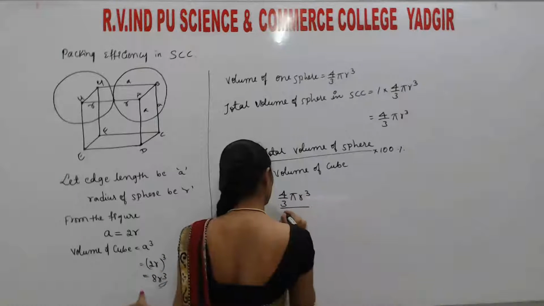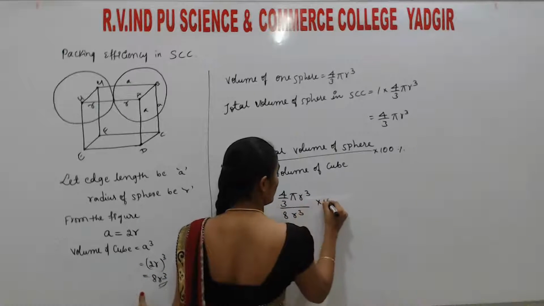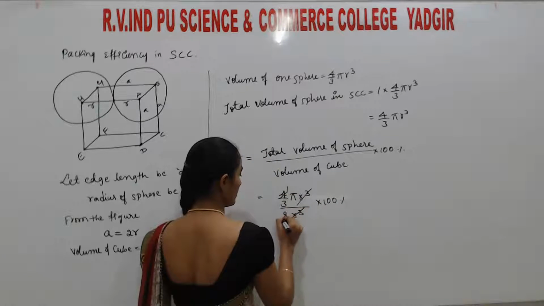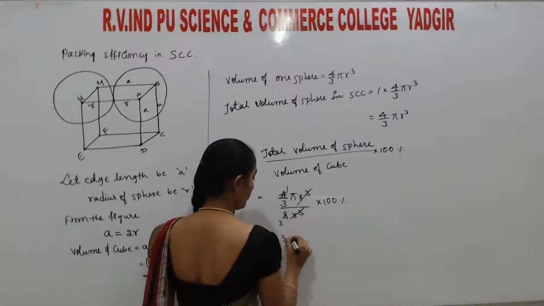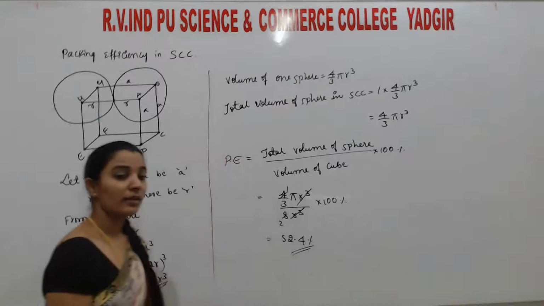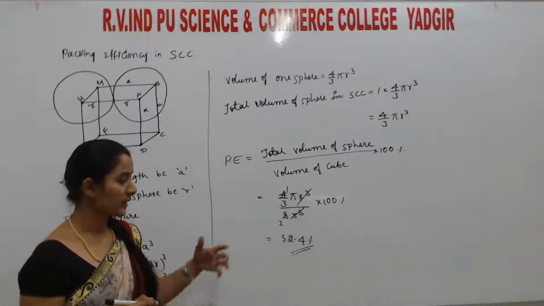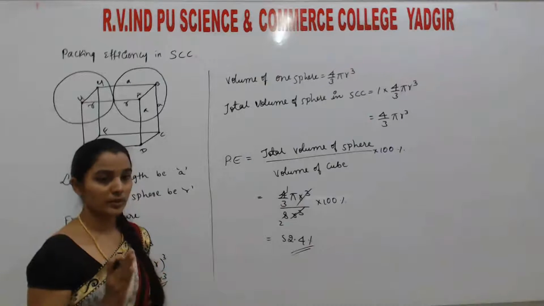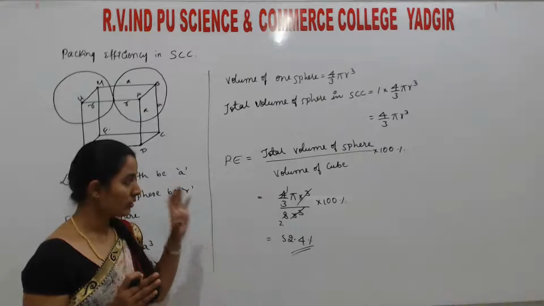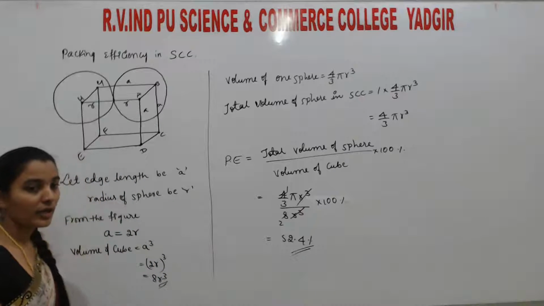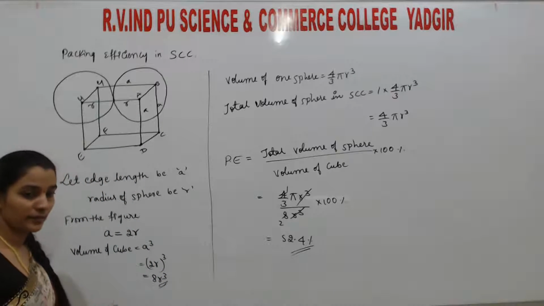Volume of the cube is 8r cube into 100%. If you just cancel this, you will get 52.4%. Means a lot of empty space is there. 52.4%. Okay, so this is all about the derivations of packing efficiency of SCC, BCC and FCC.